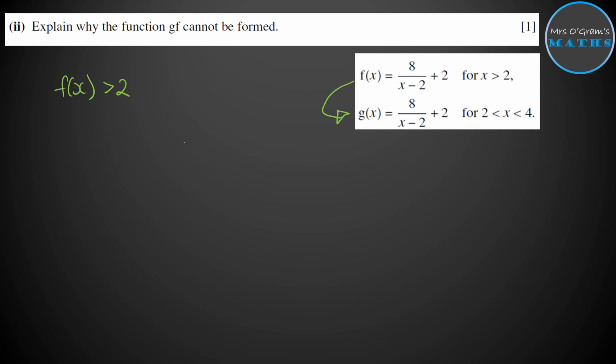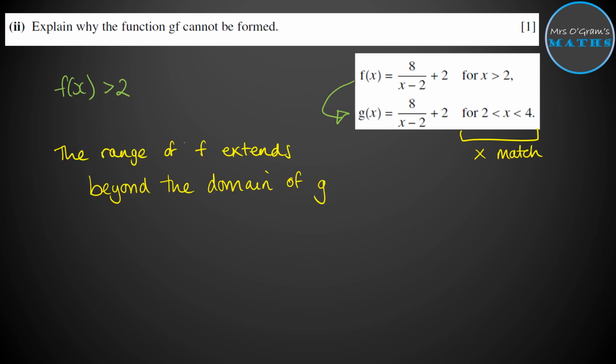Now that range of f doesn't match up with the domain of g, so we can't do that g of f function because it's not defined for anything outside of that range. So the range of f extends beyond the domain of g. We're trying to put things into g that aren't allowed to go in there.